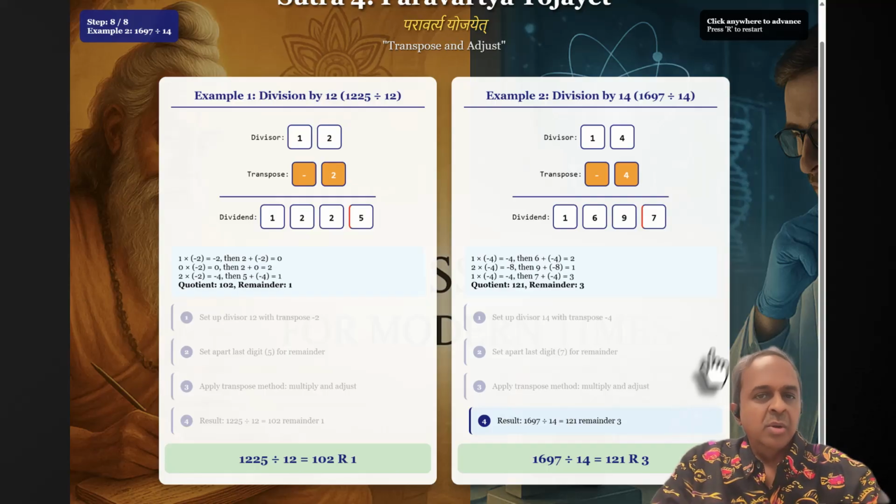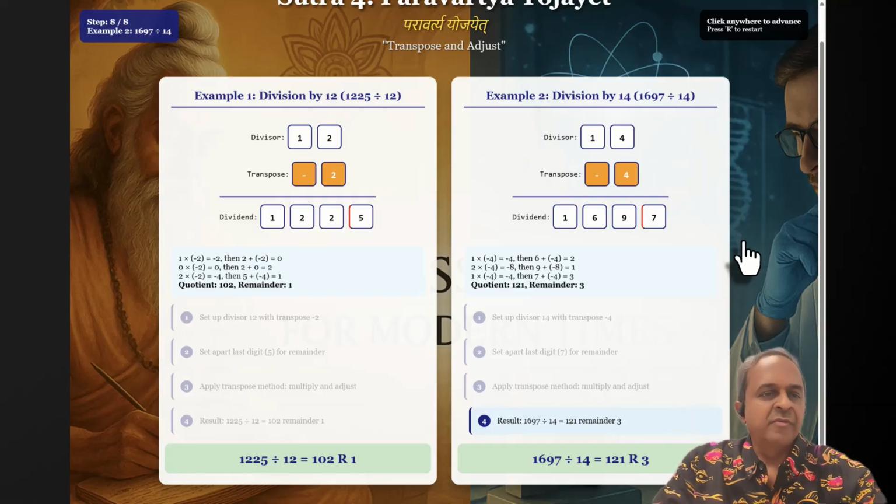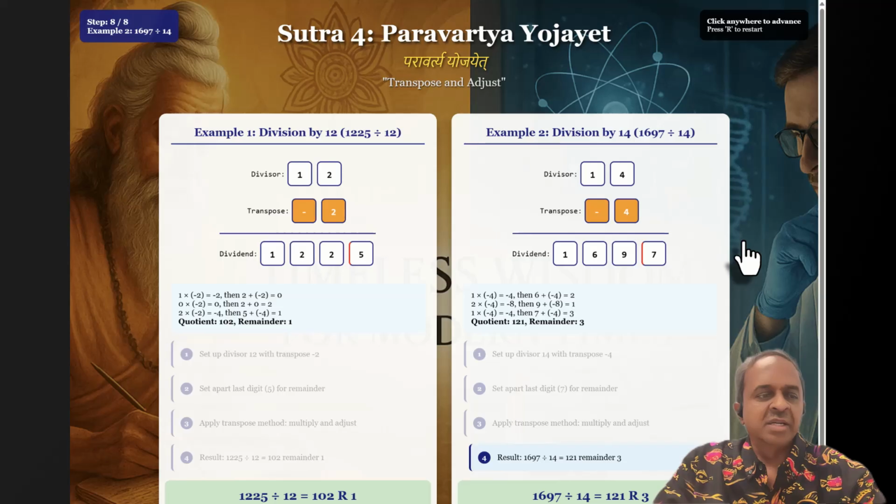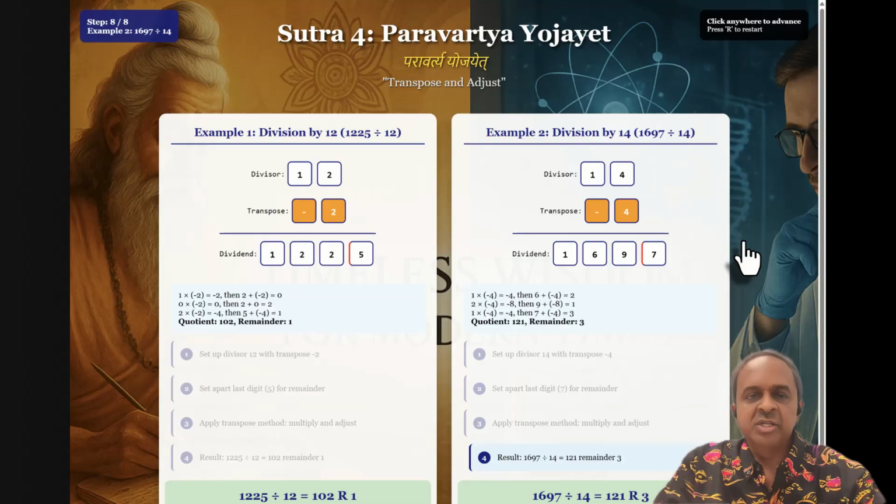Okay. So this method demonstrates the profound mathematical insights, right, of our ancient Vedic mathematicians. By recognizing that divisors slightly above a power of 10 can be transposed into negative coefficients, they created a systematic approach that eliminates the need for complex long division. The beauty lies in its simplicity and the way it reveals the underlying mathematical relationship, right?